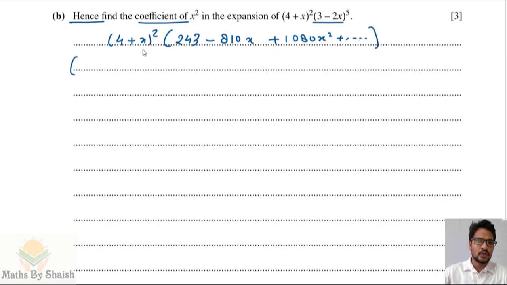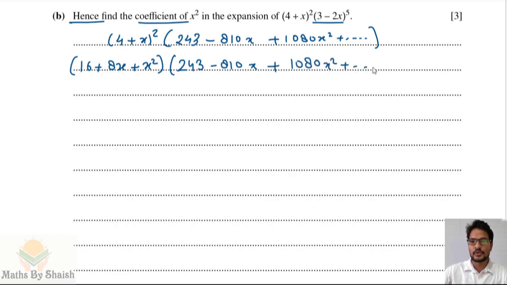So first of all we need to open the bracket, because there is a square. It is 16 plus 2 into 4 into x, that is 8x, and then x square by the expansion, and then it is 243 minus 810x plus 1080x square plus and so on.